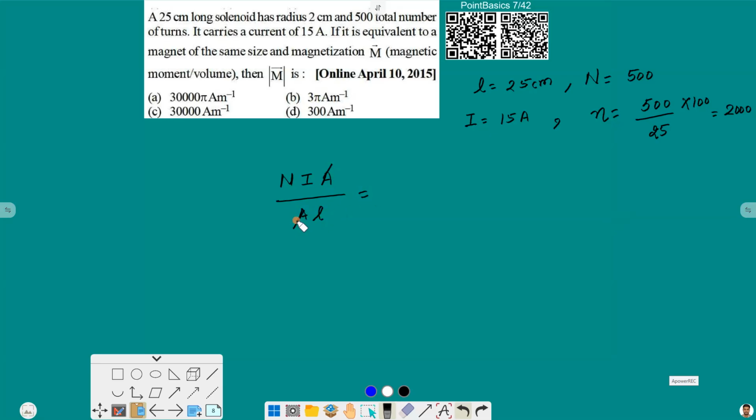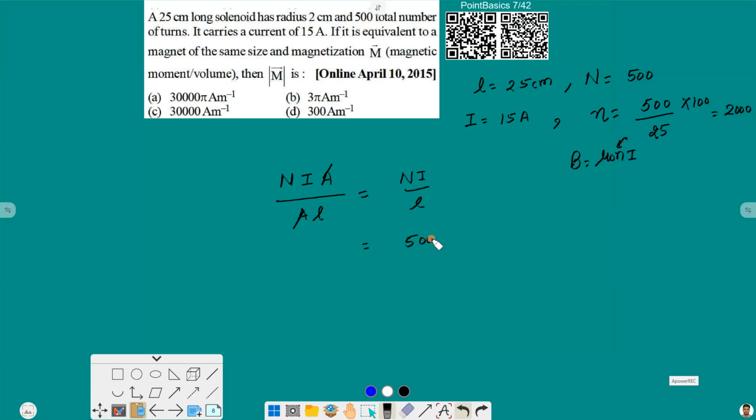So A gets cancelled here. This N is the capital N, not the small n. Small n is used when we calculate the magnetic field due to a solenoid. When we are discussing the magnetic moment, then we take the actual number of turns. So A gets cancelled, and we are left with NI by L.